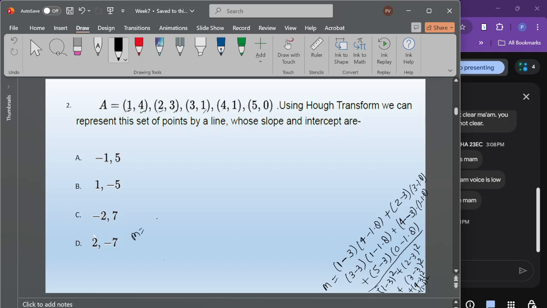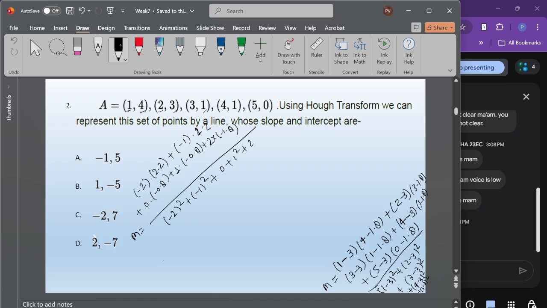So overall m is equal to: here we will get minus 2 into 2.2, minus 1 into 1.2, plus 0 into minus 0.8, plus 1 into minus 0.8, plus 2 into minus 1.8. Okay, and in the denominator you will get minus 2 square plus minus 1 square plus 0 plus 1 square plus 2 square.